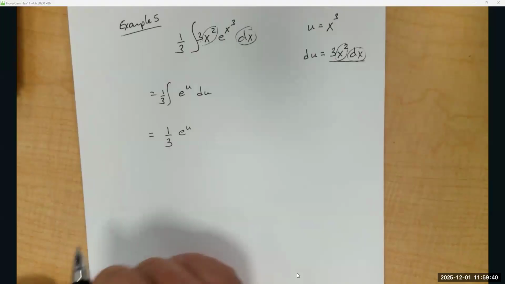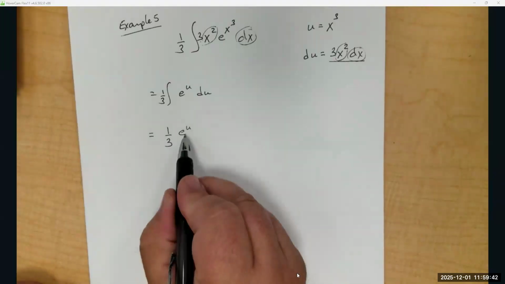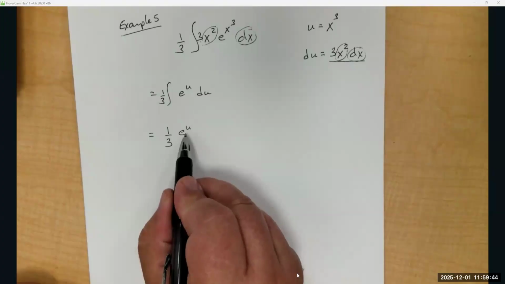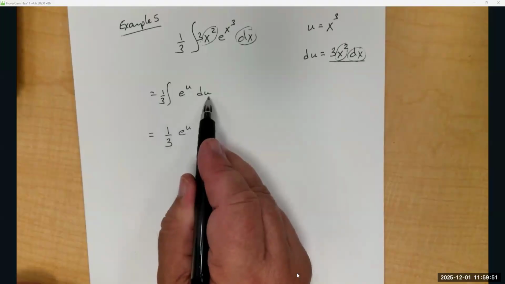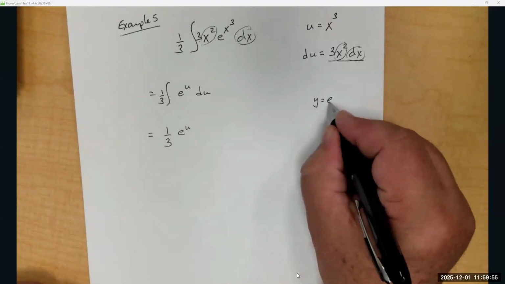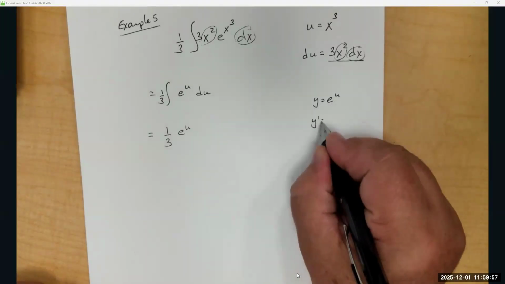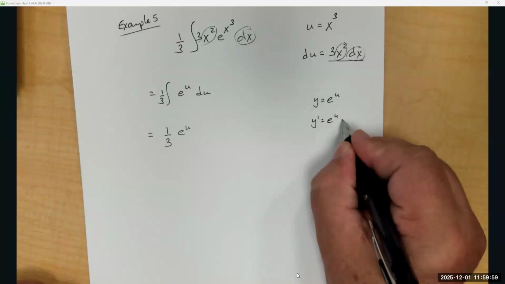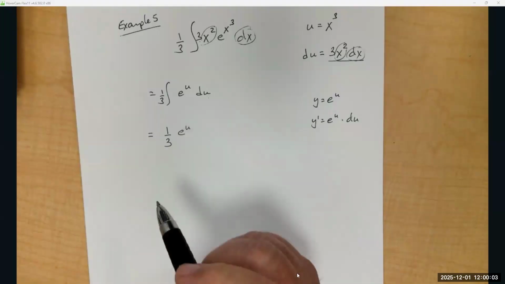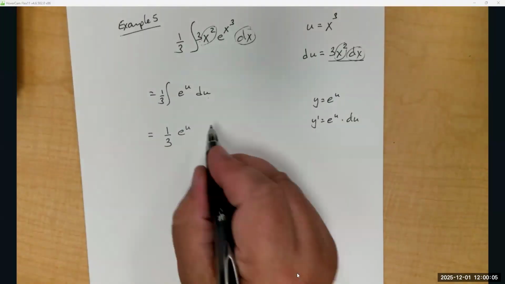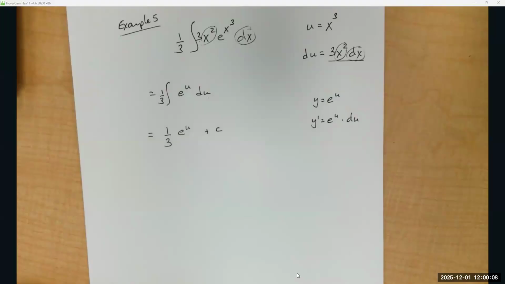Think about it. As you just said earlier, if this is my function, what's the derivative of e^u? e^u times the derivative of u. So if y is equal to e^u, the derivative is e^u times du. That's what that is.